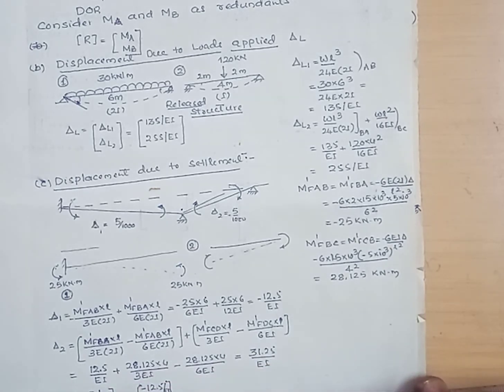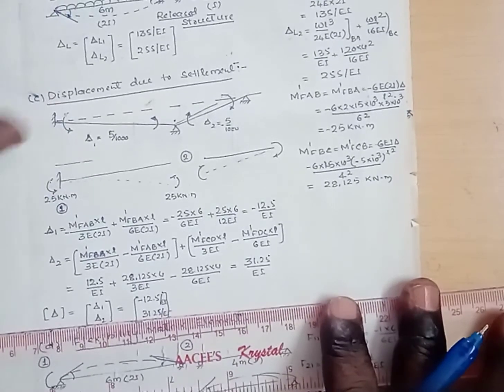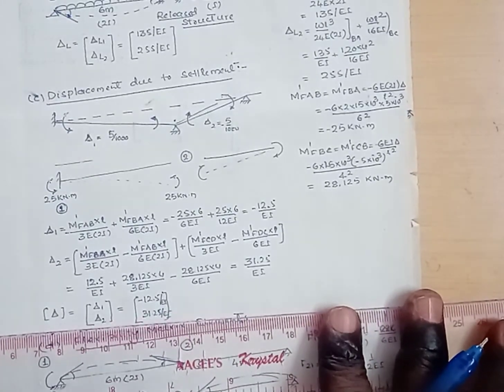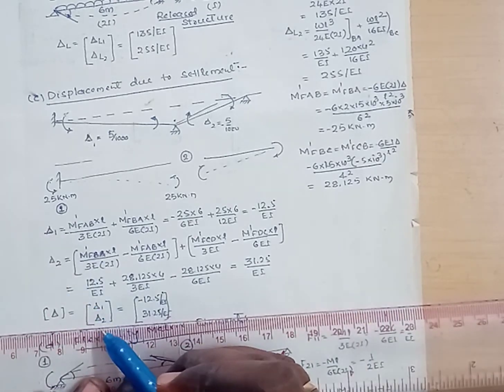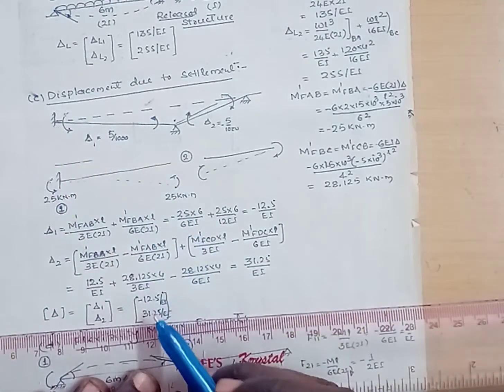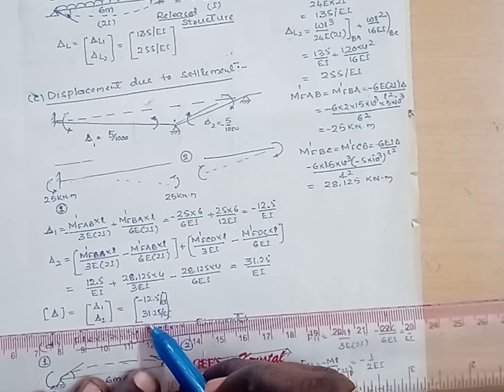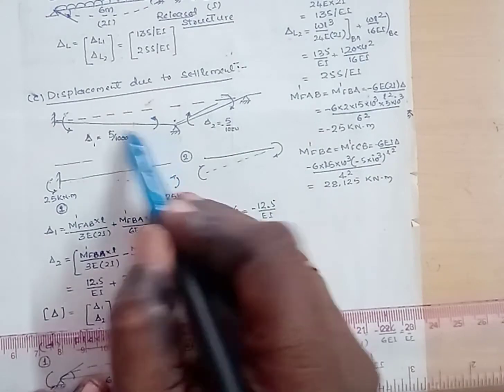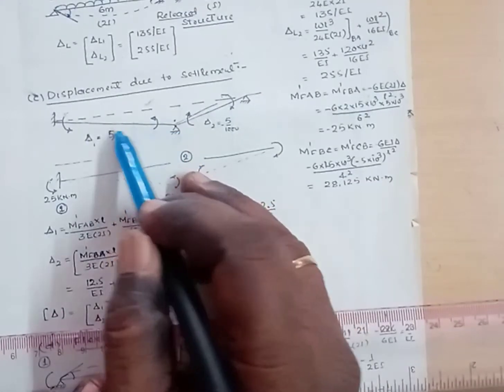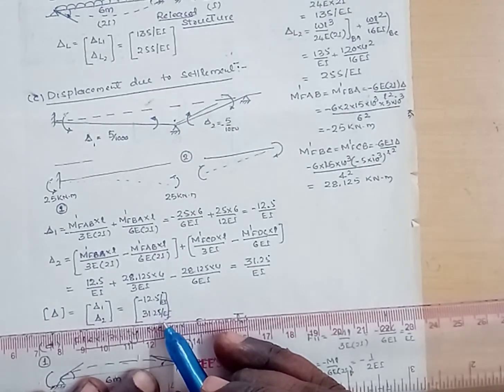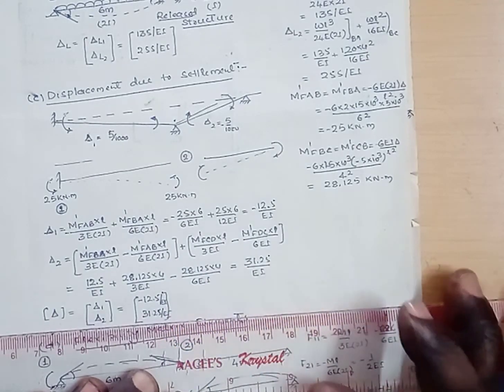Now we can write the displacement vector due to the settlement and sinking of the support: delta has elements delta 1 and delta 2. At coordinate 1 it is minus 12.5 by EI. At coordinate 2 it is the summation of the displacements due to the additional fixed end moments in spans BA and BC, that is 31.25 by EI, as we have just calculated.